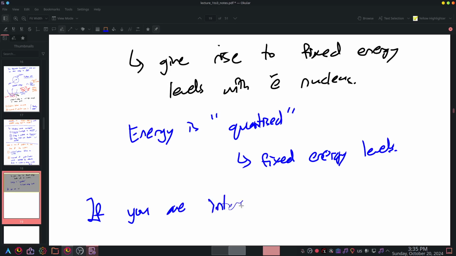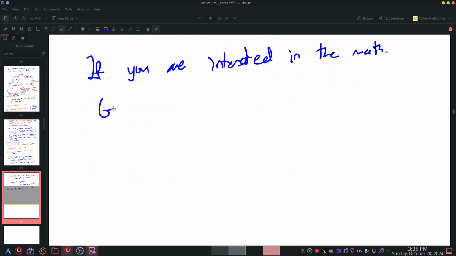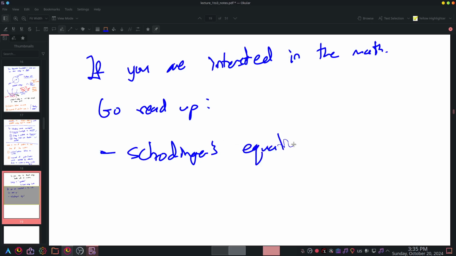If you are interested in the math, which I suppose most of you aren't, go read up on what we call Schrodinger's equation.